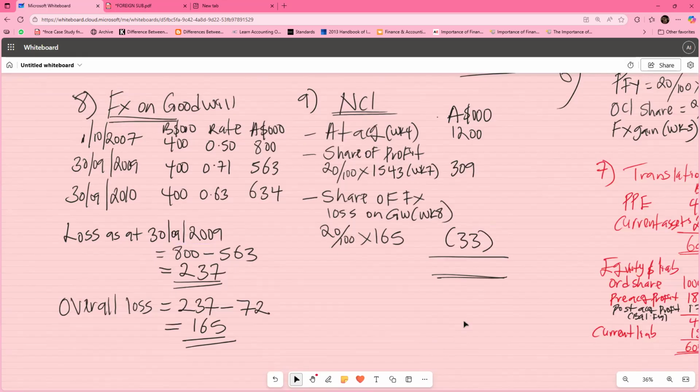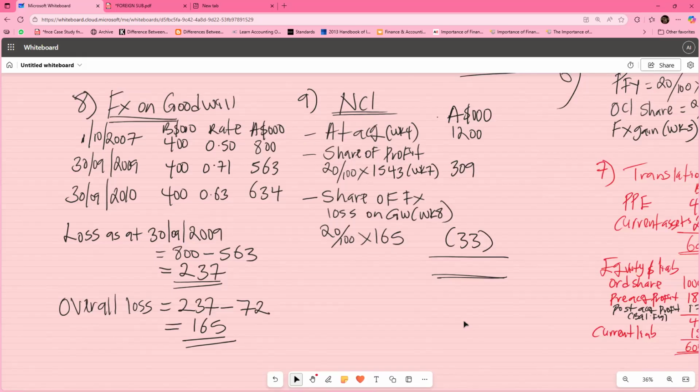So the goodwill still remains the same in the subsidiary currency, 400. The only thing that is moving is the rate. So 400 at inception, we move it to the parent is 800. Then it dropped to 563, then it picked up again to 634.